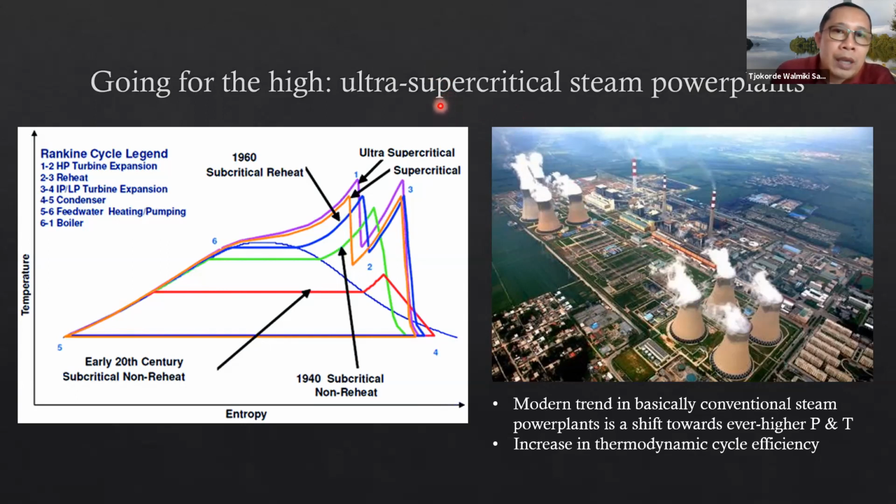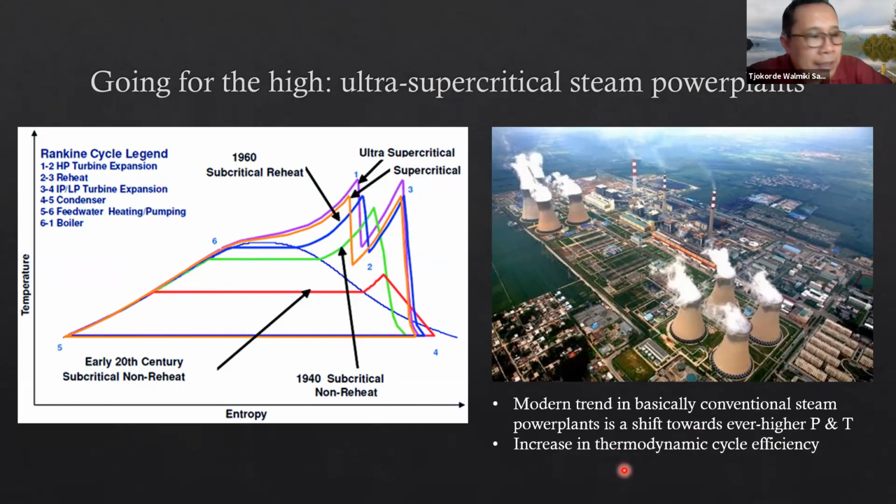Indonesian steam power plants are still at the supercritical stage. We're not yet at ultra supercritical. So again, the modern trend in conventional steam power plants is a shift towards ever higher pressure and temperature, which will improve the thermodynamic cycle efficiency.